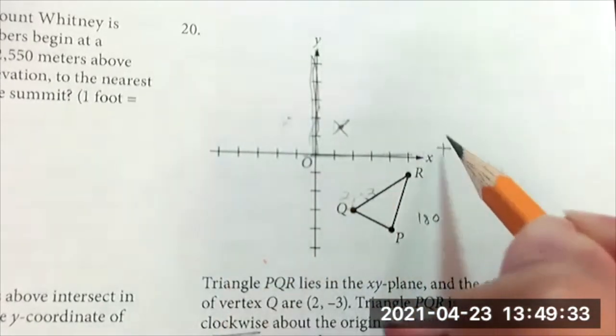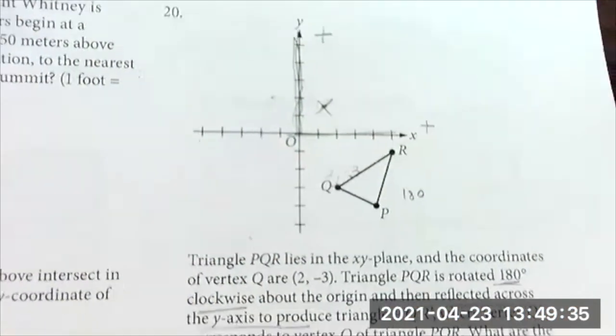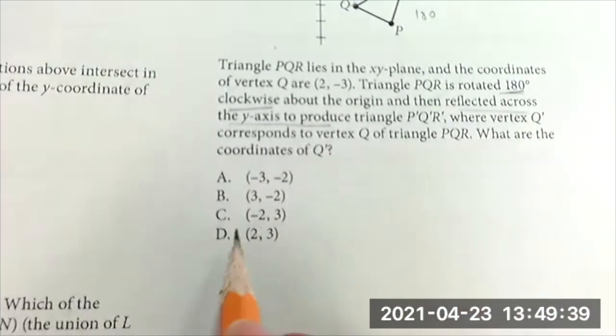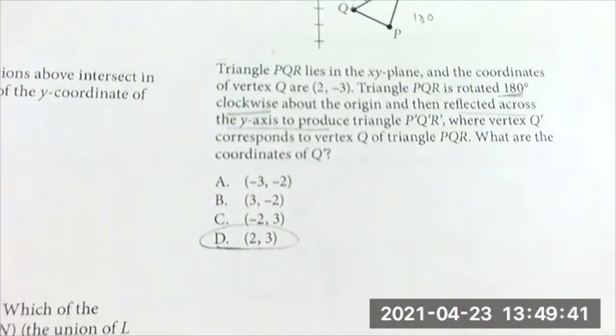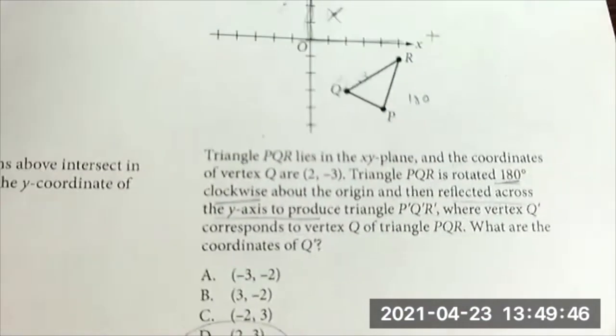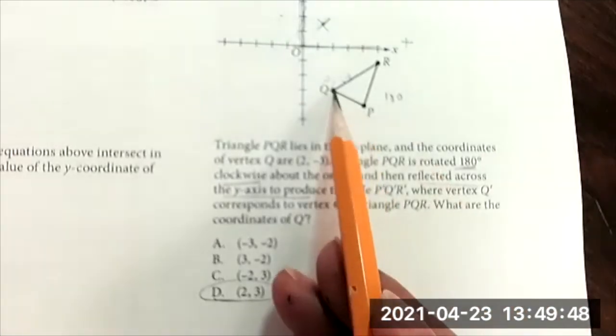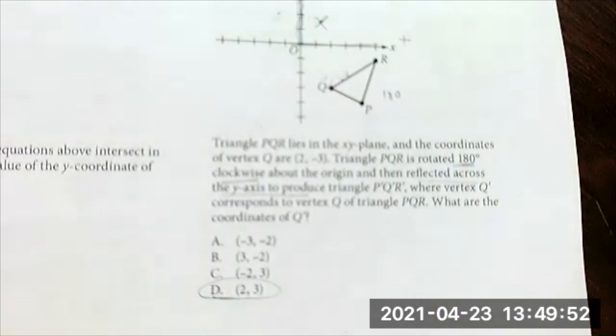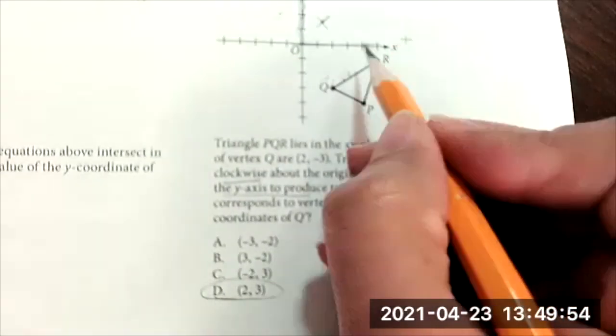The x is positive, the y is positive. The only answer that has positive and positive is the last one, which is D. And that's pretty much for that one. That's the best way to do that one. Just focus on that point, rotate it, and flip it. So the answer is going to be D.